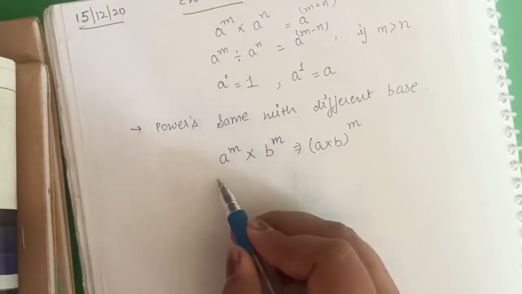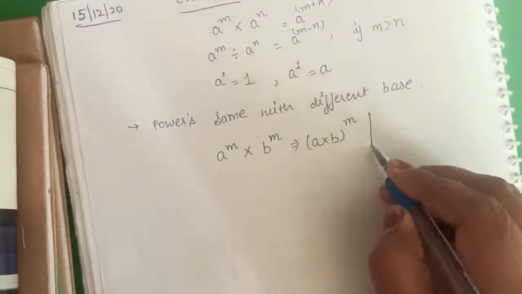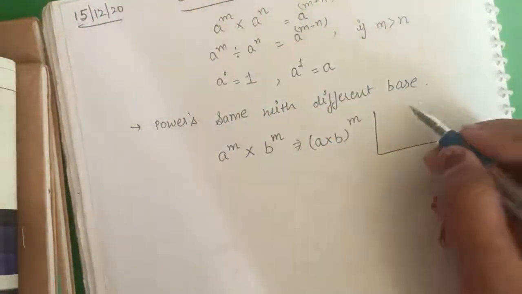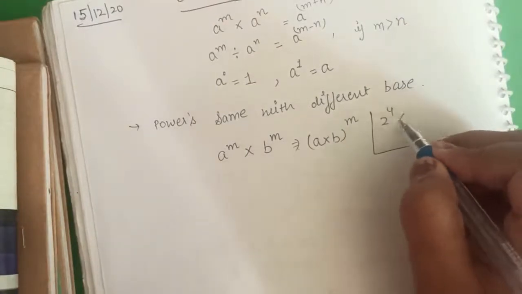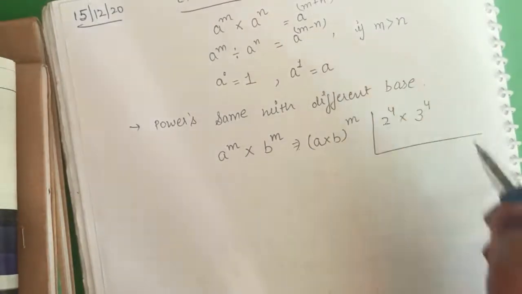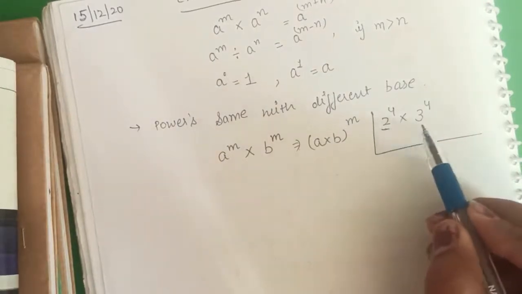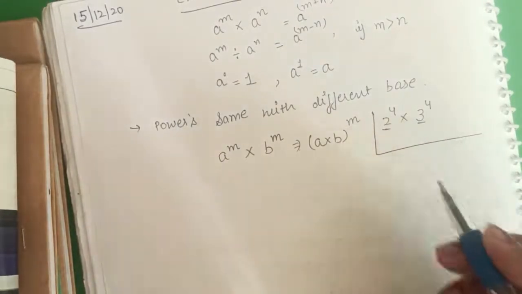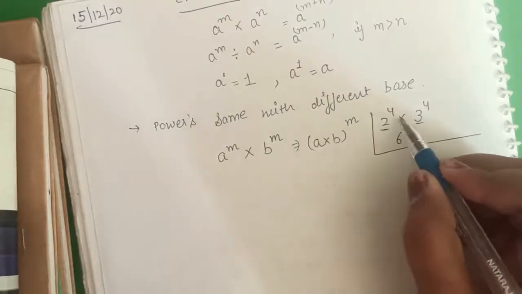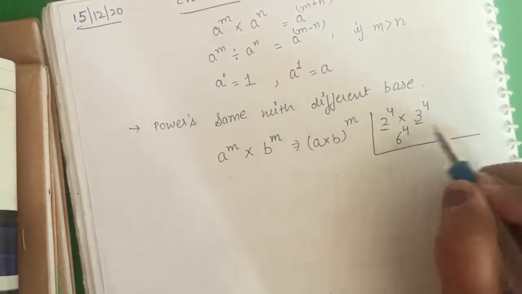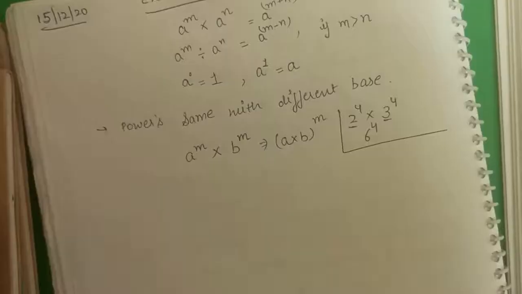Like one question, 2 to the power 4 multiply with 3 to the power 4. So the product of these bases, 2 multiply 3, is equal to 6. Power will remain the same, power 4. Right?